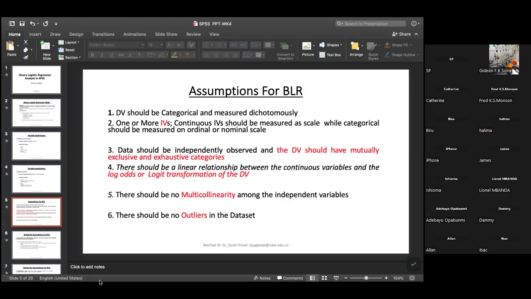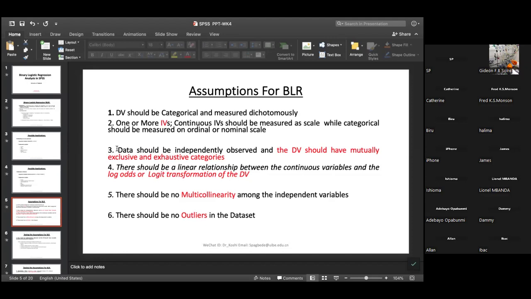So after that, we talked about some of the assumptions that must be satisfied before you proceed to perform a binary logistic regression analysis. I mentioned this earlier. We said the DV has to be categorical and measured dichotomously, and then the IV can either be continuous or categorical. Now, last week, we performed extensive statistical tests on how to test the remaining 4 assumptions.